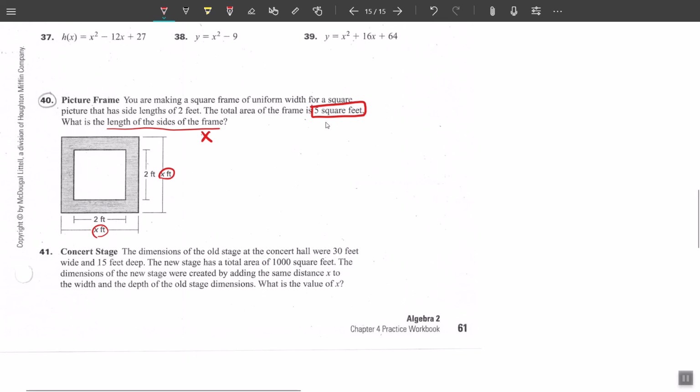So if we take the area of that whole square, the entire thing, and we subtract out the piece that's cut out for the picture, we'll get the area of just the frame.